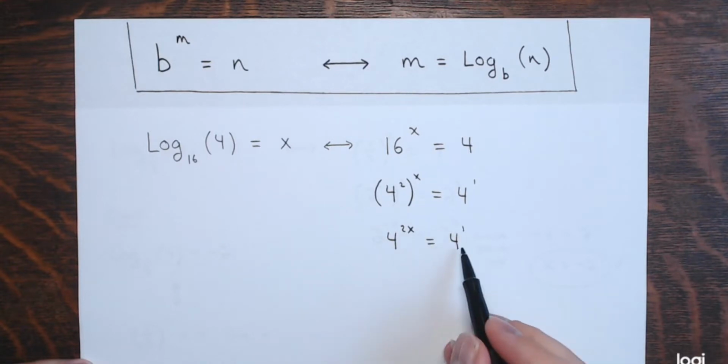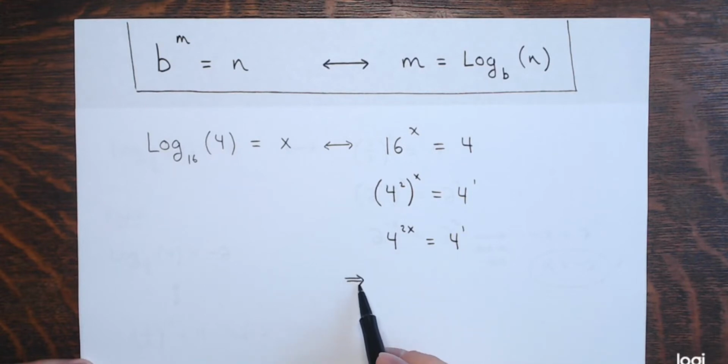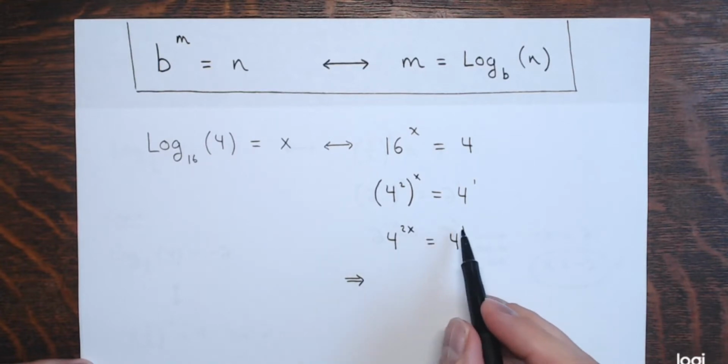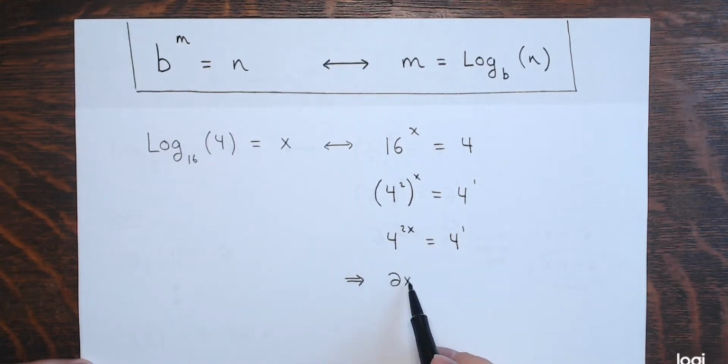Now both sides have the same base. We can apply that one-to-one property. If two expressions have the same base and are equal, then their exponents must be equal. So 2x must be equal to 1. Dividing by 2 means that x must be a half. And that works.